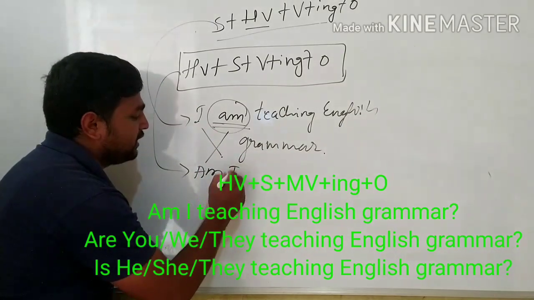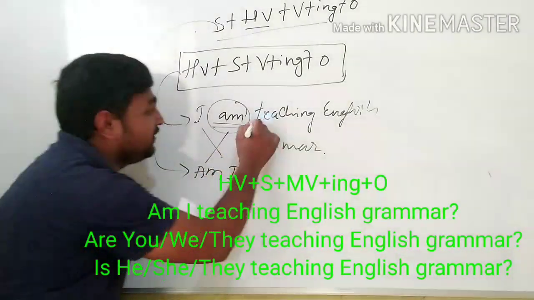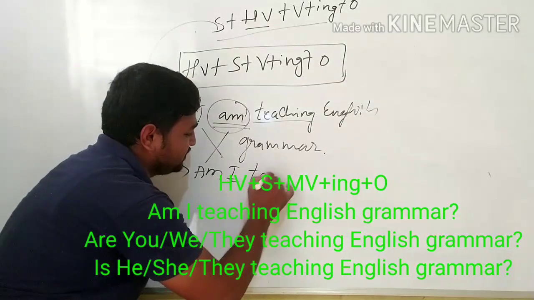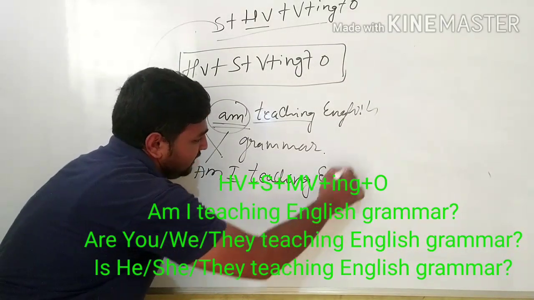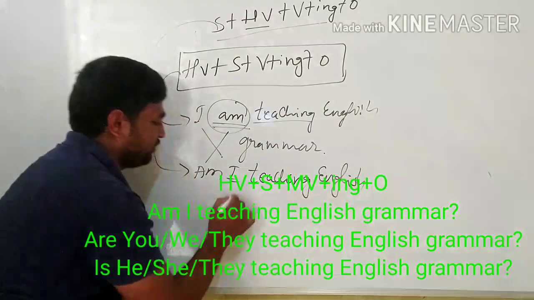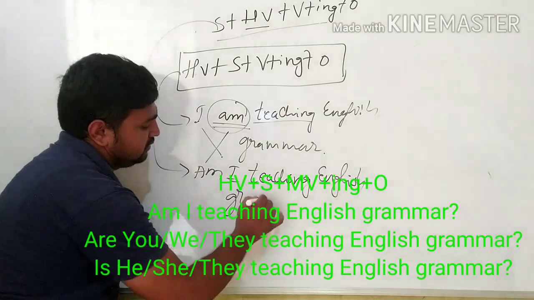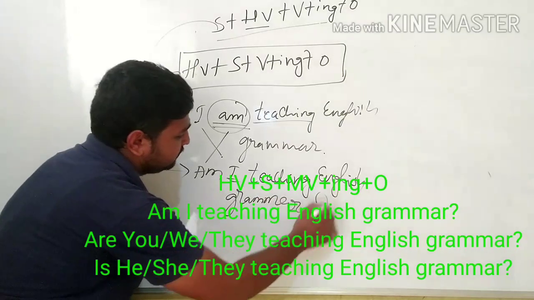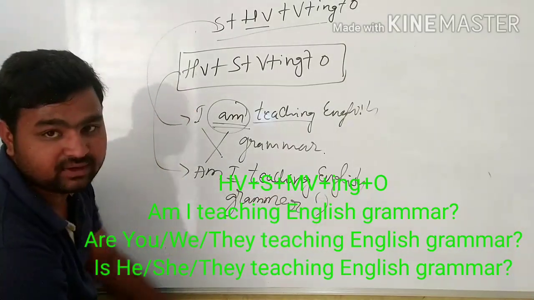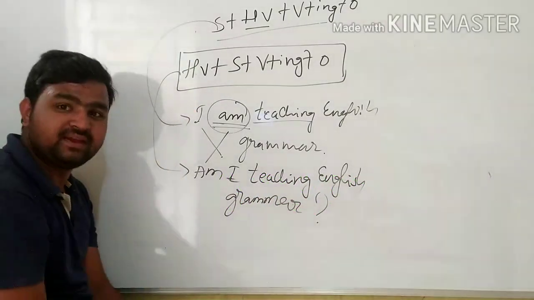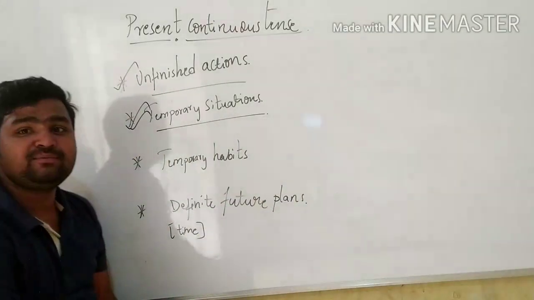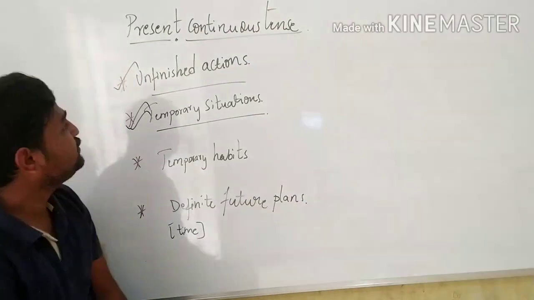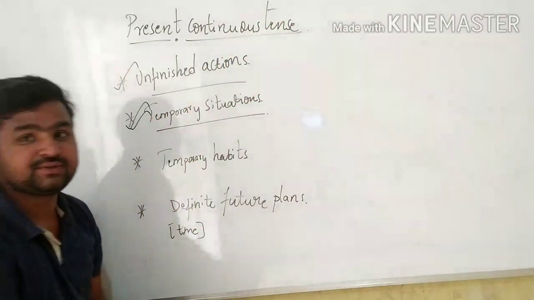Then am I, then teaching, then English grammar. So, am I teaching English grammar is the interrogative sentence, right? Is it clear? Okay, now it's time to discuss the functions of present continuous tense, right?